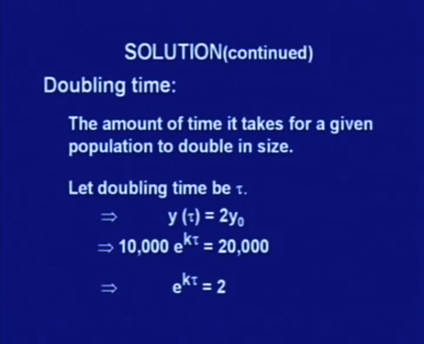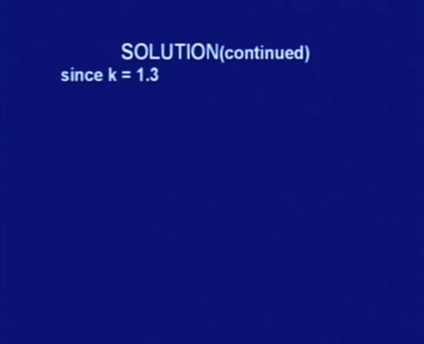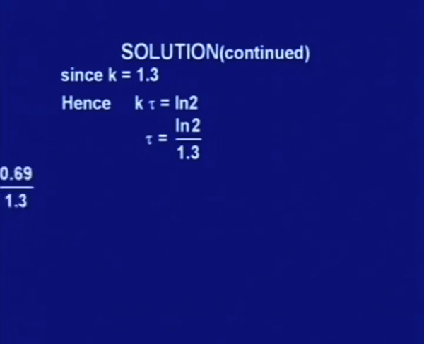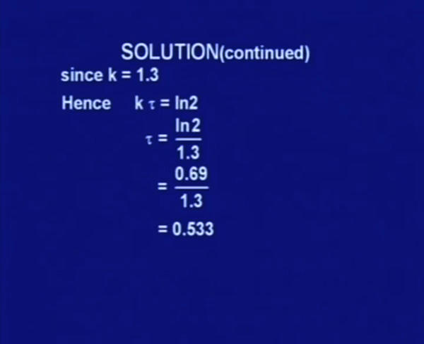Now, we do know that in this solution k is 1.3. So, we incorporate this: k tau is equal to log 2, after taking the logarithm and incorporating the value of k as 1.3. We get that tau is approximately 0.69 divided by 1.3, that is approximately 0.533. What is this?